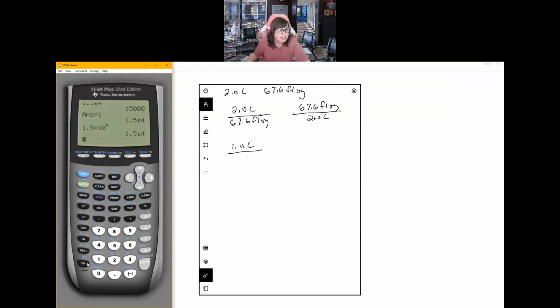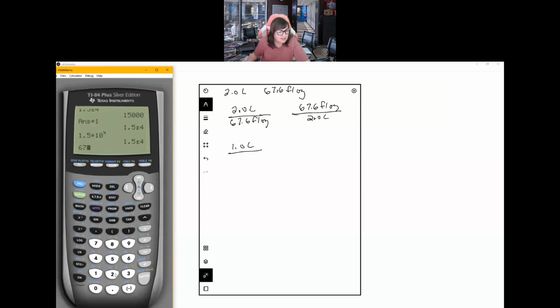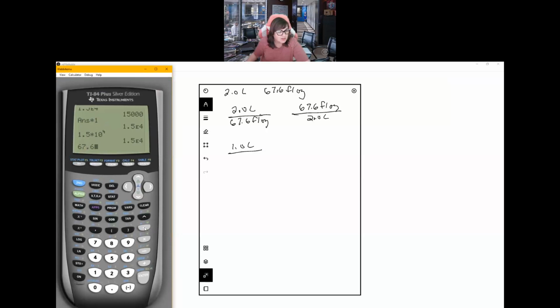So, hey, that's what I have a calculator for. 67.6 divided by 2 is 33.8. Or 33.8 fluid ounces in 1.0 liter. Okay, that's what we're talking about in terms of making our own conversion factor.